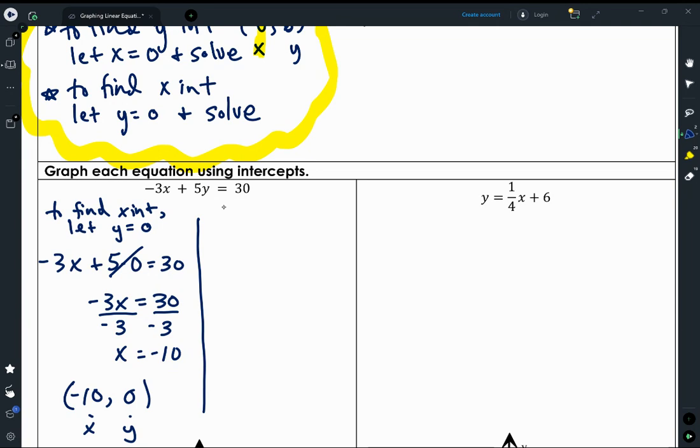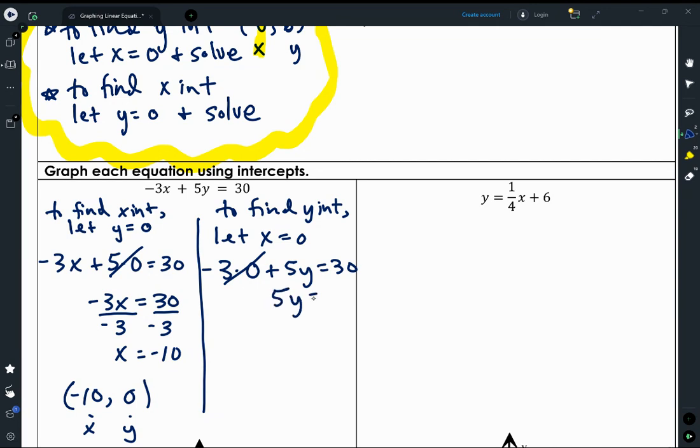For the second part, to find my y-intercept, I want to let my x equal 0. That means I'm going to have negative 3 times 0 plus 5y equals 30. Again, when we multiply something by 0, it zeroes out. Adding 0 to 5y doesn't change the value.